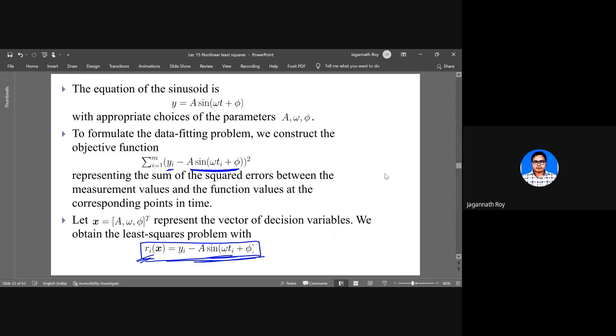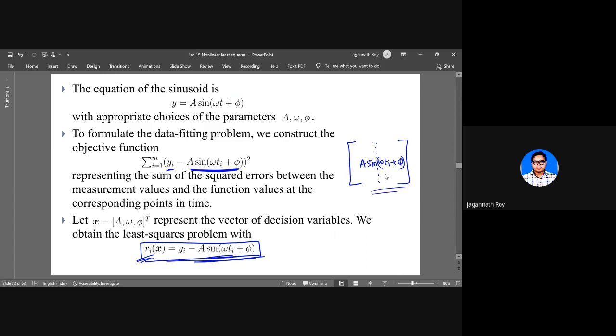Now what we have to do is find out the nonlinear A sine of omega ti plus phi, all the values.